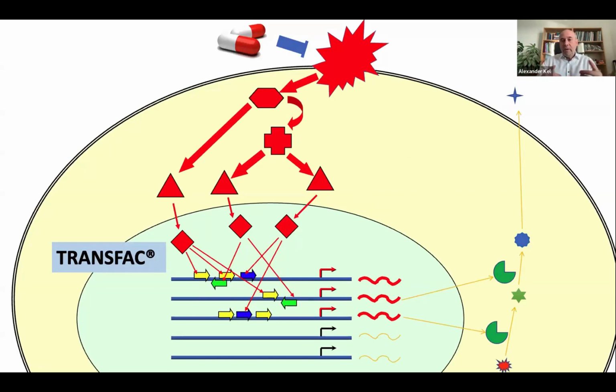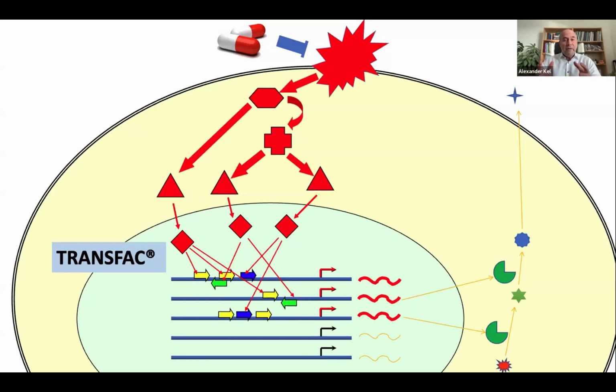From the point of view of what we have in our hands and can offer you, there is a database called TRANSFAC, which is a collection of known motifs for many different transcription factors.